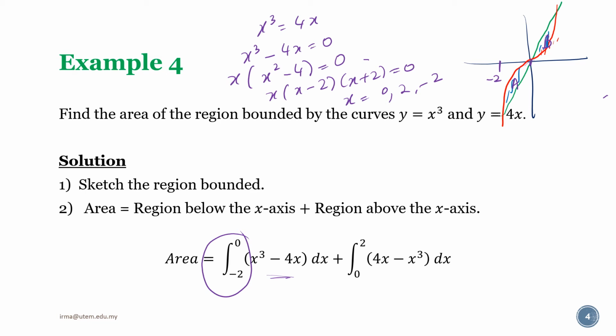And for part B, we integrate the function 4x minus x cubed. So 4x is the green line, which is greater than the red curve, and the limits is from 0 to 2. Combine it, you need to add up A and B, and you will get 8 units squared for the answer.